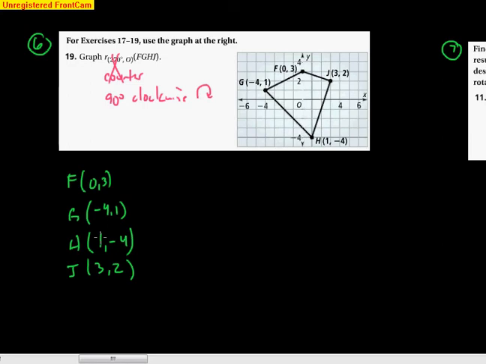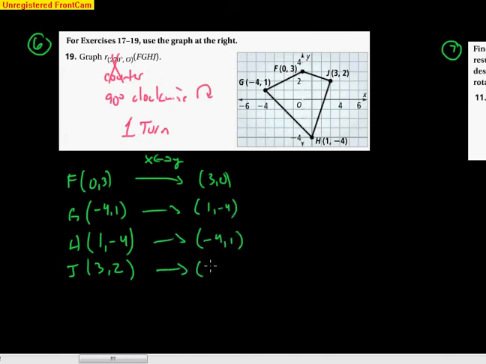The first rule: how many quadrants are you turning? A 90 degrees clockwise is 1 turn, 1 quadrant, which means you need to switch X and Y. So what I will do is switch X and Y. So (3, 0), (1, -4), (-4, 1), (2, 3).